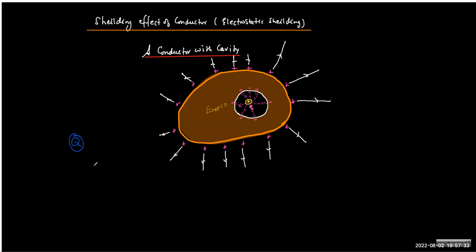So the first thing that you need to remember, who interacts with the world outside the conductor? The answer is only the charge on the outer surface. Now, of course, individually everyone is interacting. I cannot say that the Q is not interacting. The idea is this charge is interacting, the induced charge is interacting, and this is interacting.